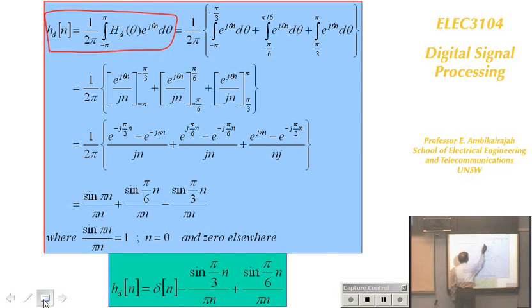Now you take one more. The mechanism is 1, and then you go pi over 6. That should be minus pi over something, and pi over 3 combined.